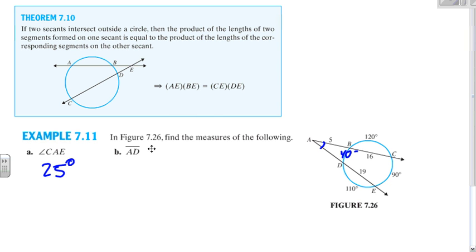And find the segment AD. AD is the outside portion. And the formula, as I said before, was outside times whole length. So the outside portion, x, times the whole length, x plus 19, equals the outside portion, 5, times the whole length, 5 plus 16, which is 21.